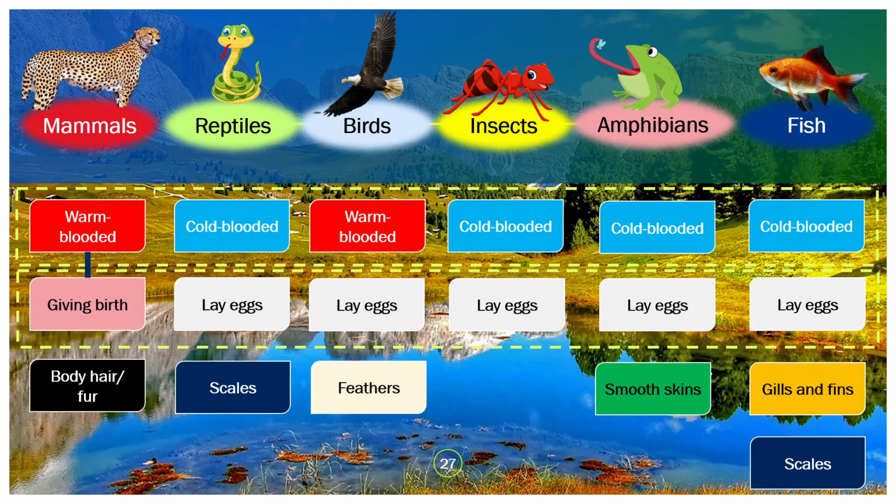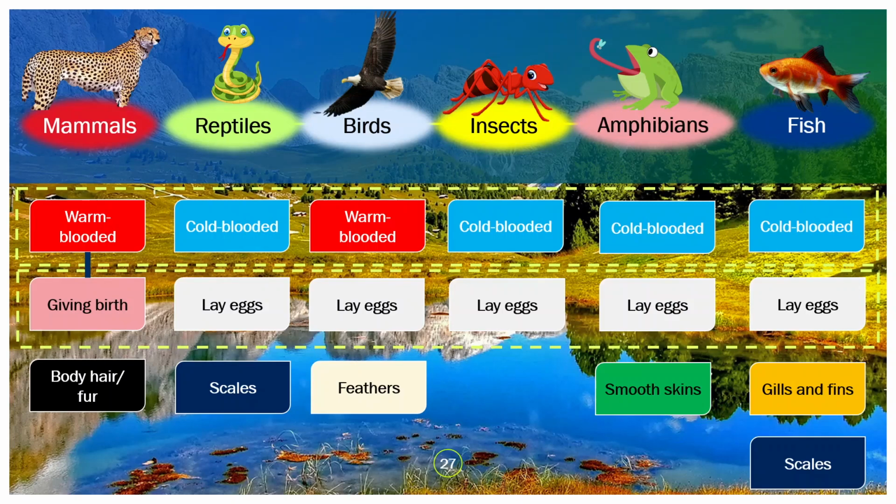All right, let's go back to this summary. Just remember that animals are either warm-blooded or cold-blooded. Cold-blooded meaning their body temperature will follow their environment. If it's cold out there, their body temperature will be colder.